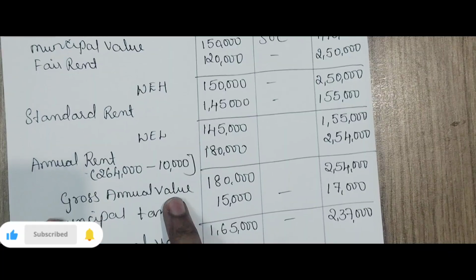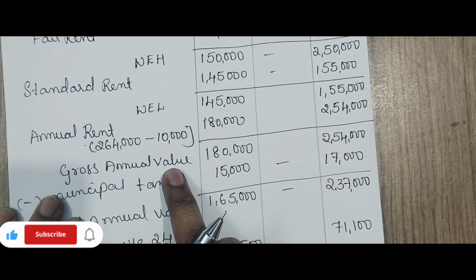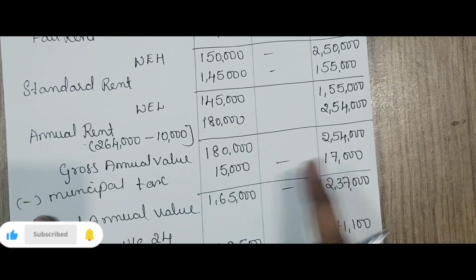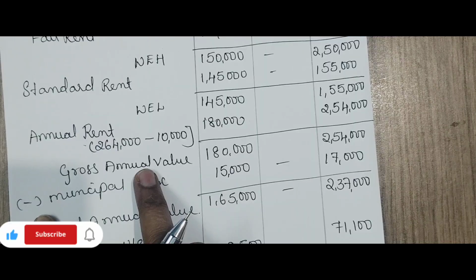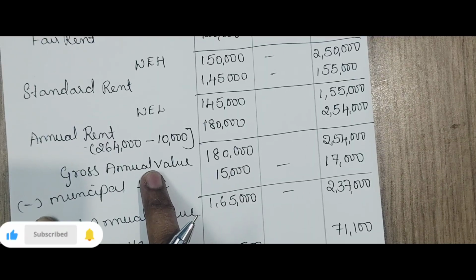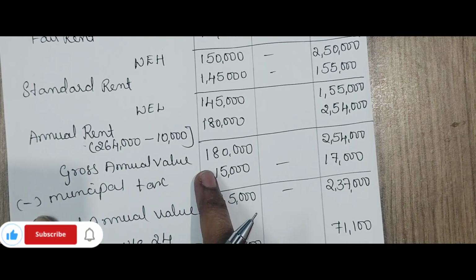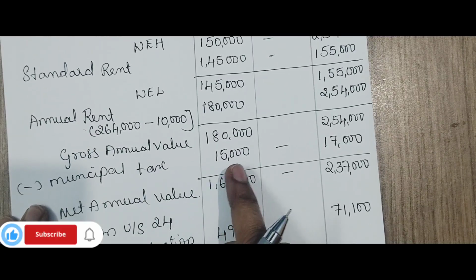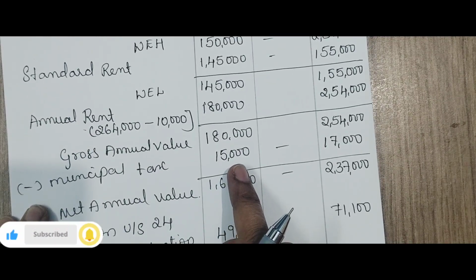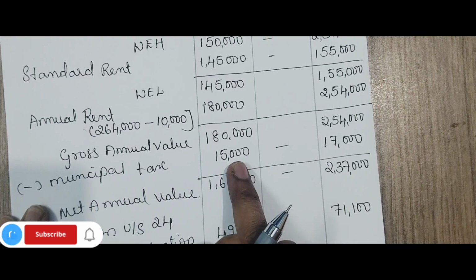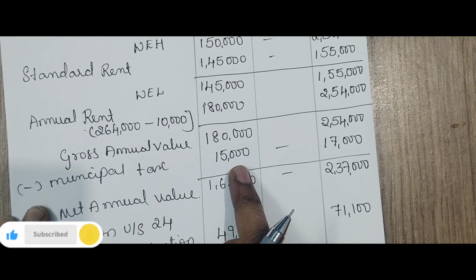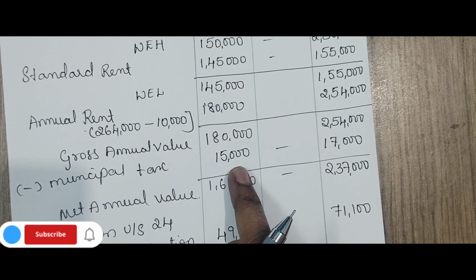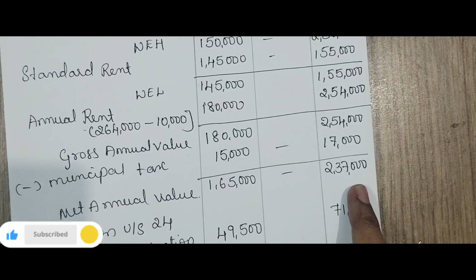Then you are taking whichever is higher, it will be called gross annual value. From that, any vacancy period, you need to deduct. There is no vacancy period in this question. Municipal tax is given; if paid by the owner only, you need to take it, not if paid by the tenant. That should be deducted, and it is calculated on the municipal value. Then you will get net annual value.